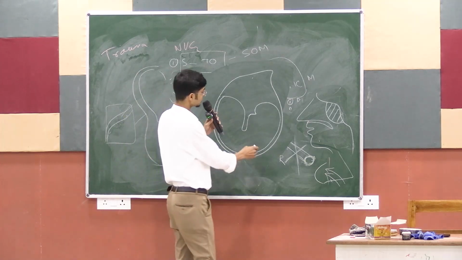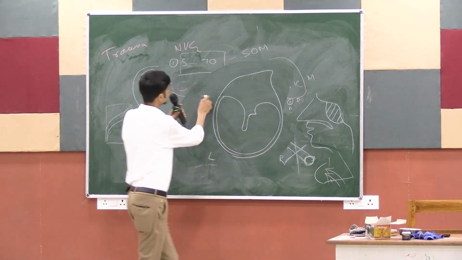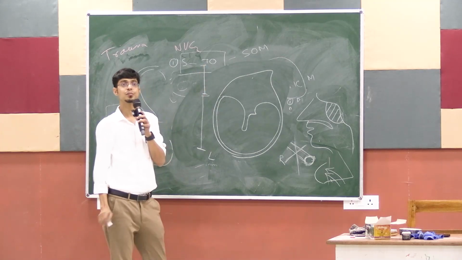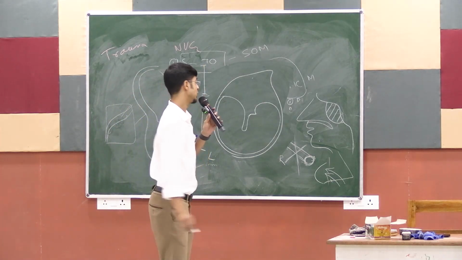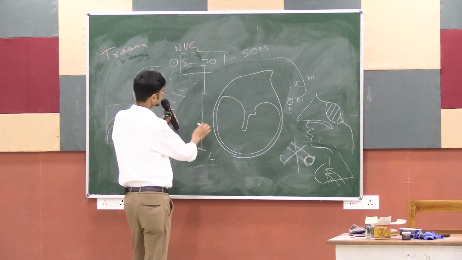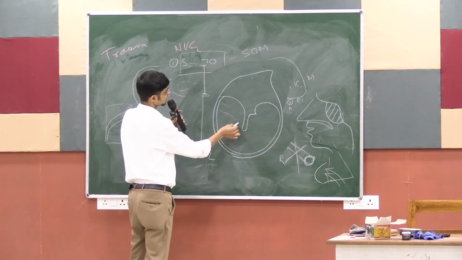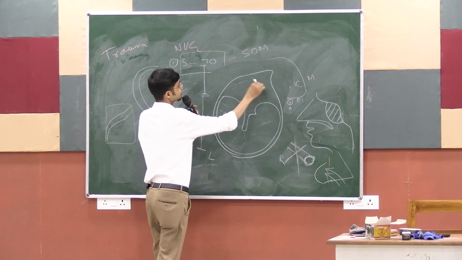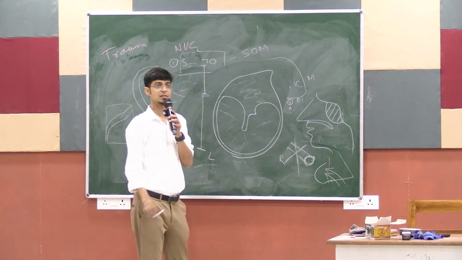So we have two parts of the tympanic membrane, right? The pars tensa and the pars flaccida. So the pars tensa is basically a tense structure. The pars flaccida is pretty lax.